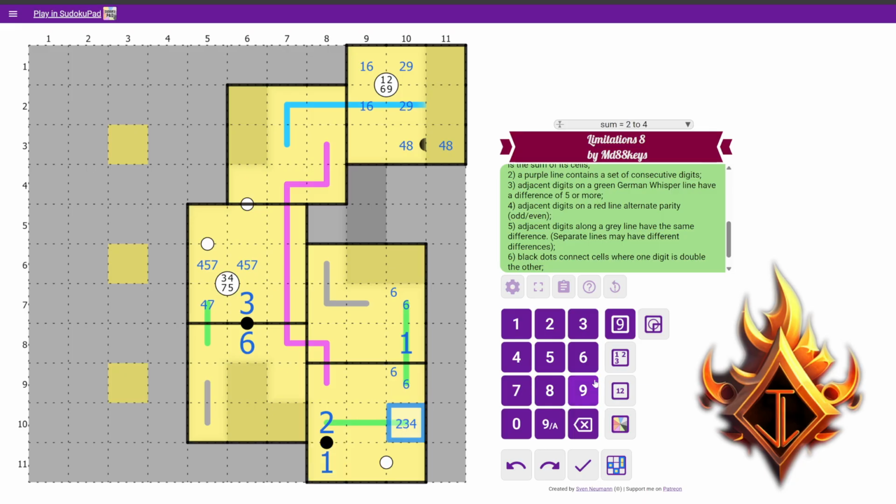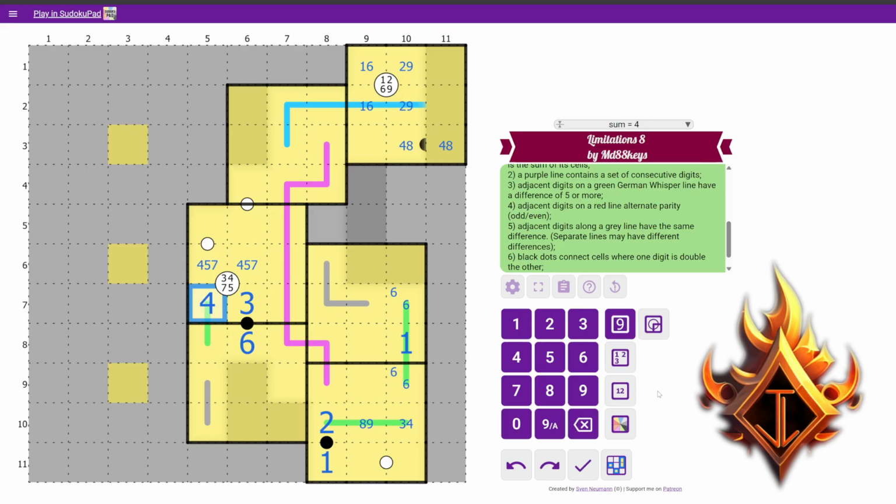And now 2 cannot be there. So this has to be an 8 or 9. And this one, if it was 7, it would have to be 1 or 2. And neither one of them can be on a green line again.